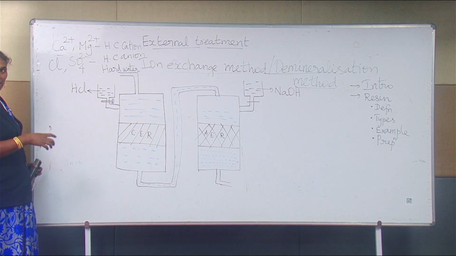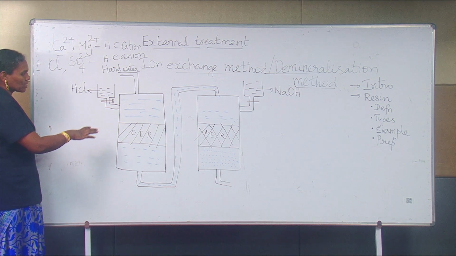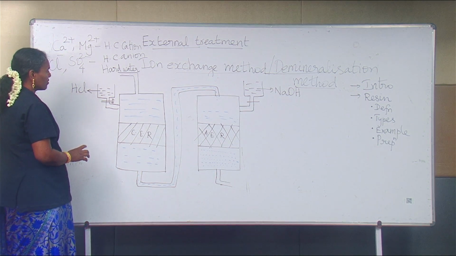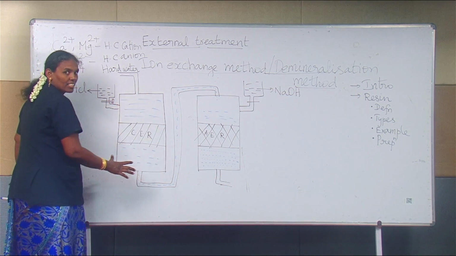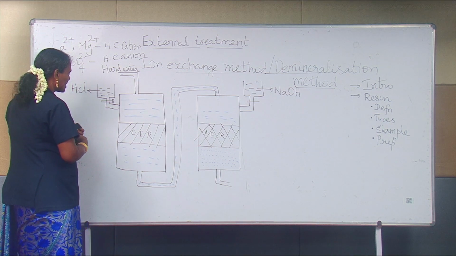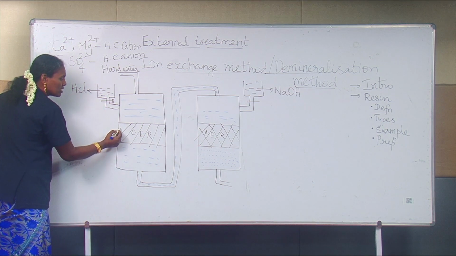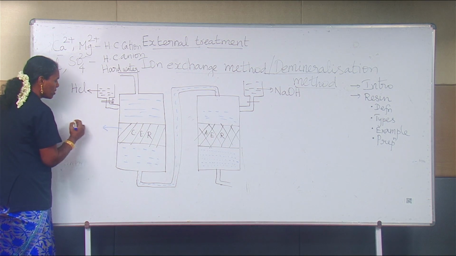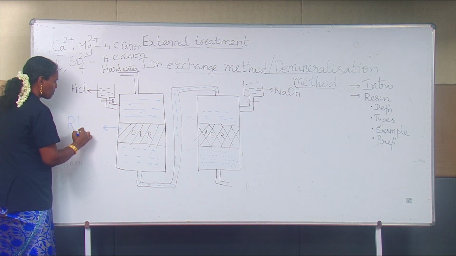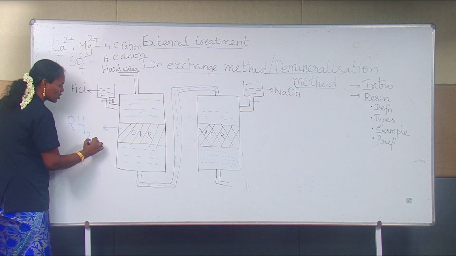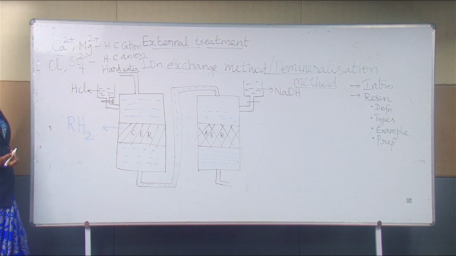Okay, so I will explain the diagram once again. First you have to draw the cylinder. This is cylinder 1 and this is cylinder 2. Cylinder 1 is represented as RH2, the cation exchange cylinder.